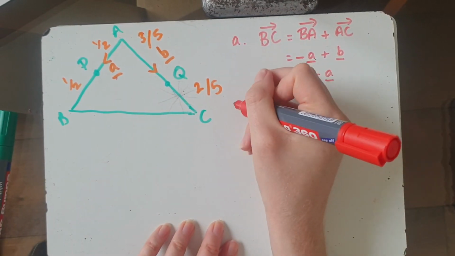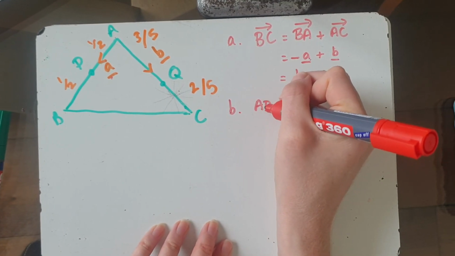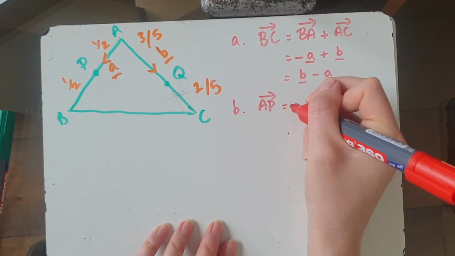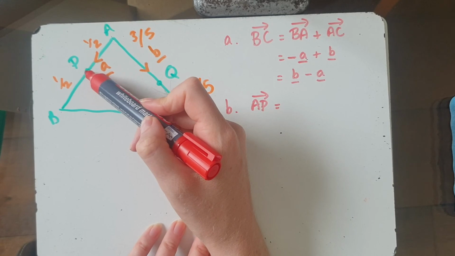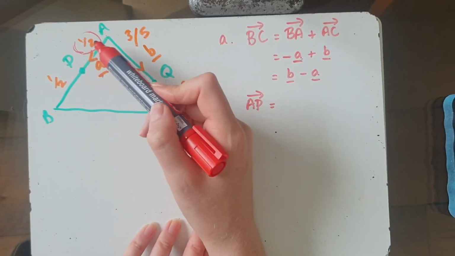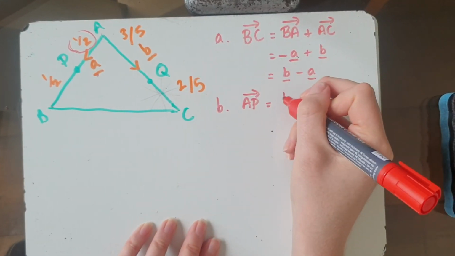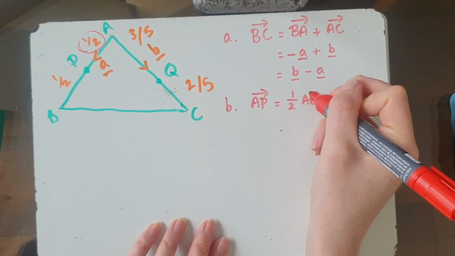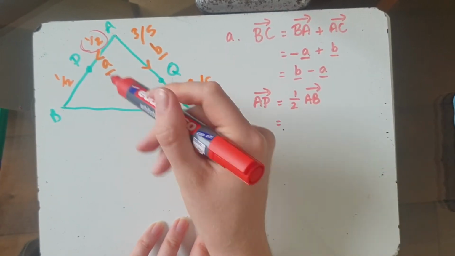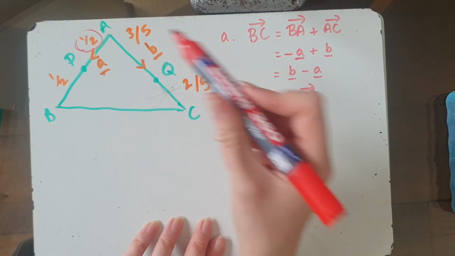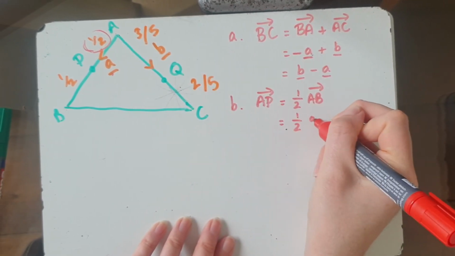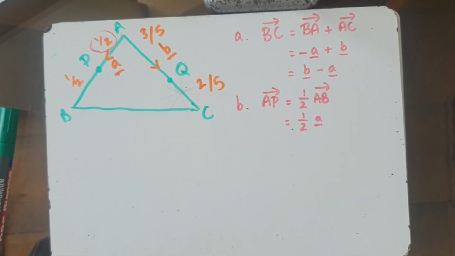Next one, we are finding the vector AP. Now AP is half of AB, and AB is vector a, so it's just a half of a.